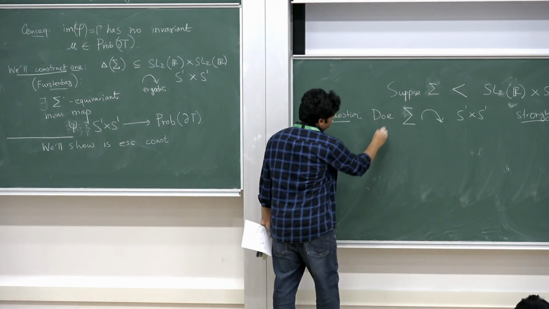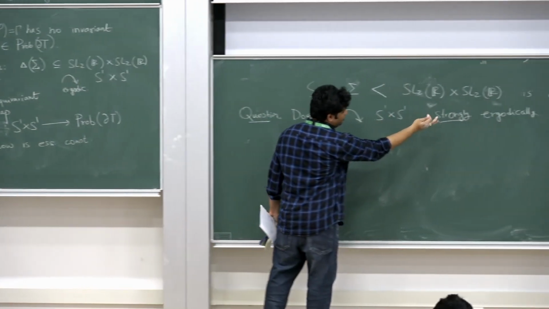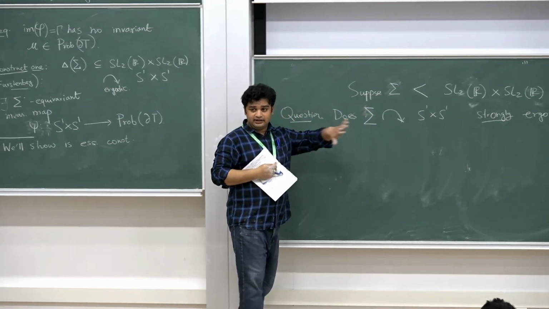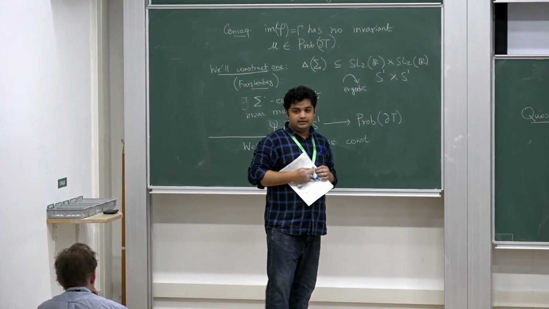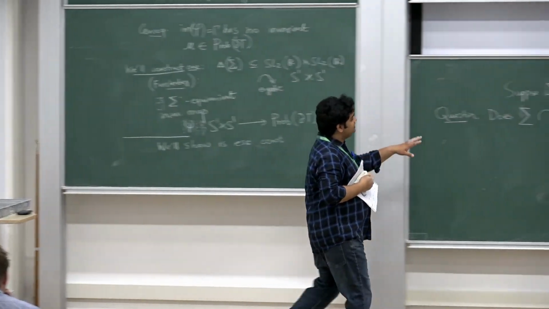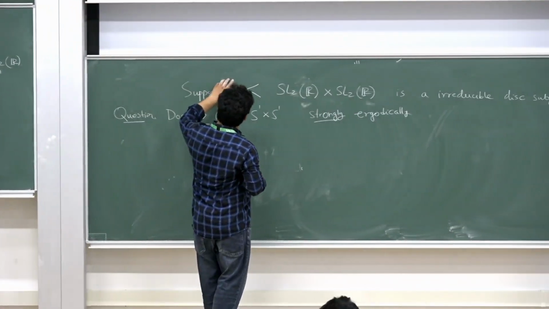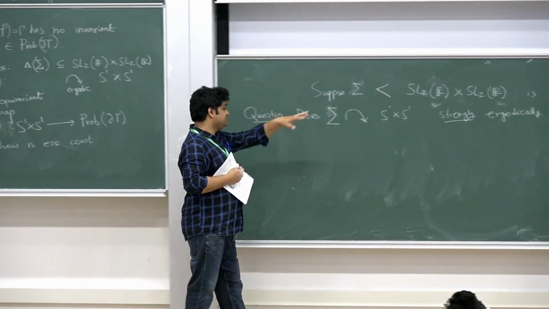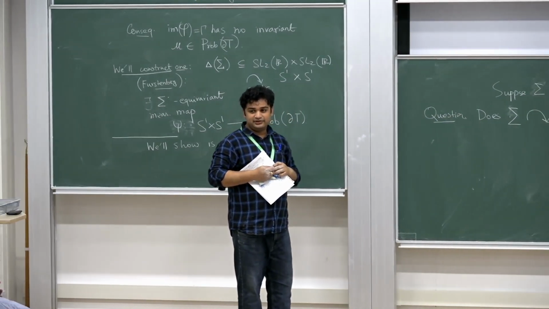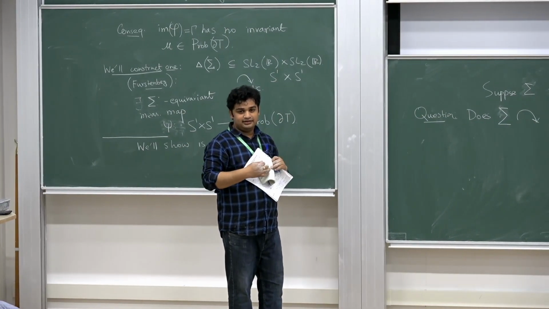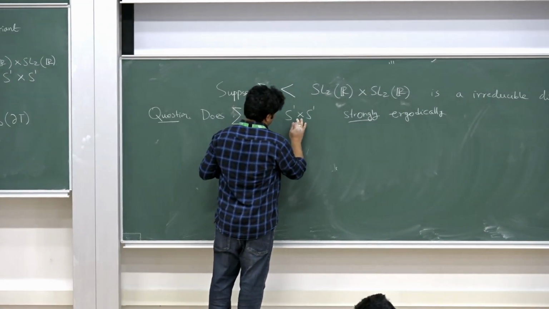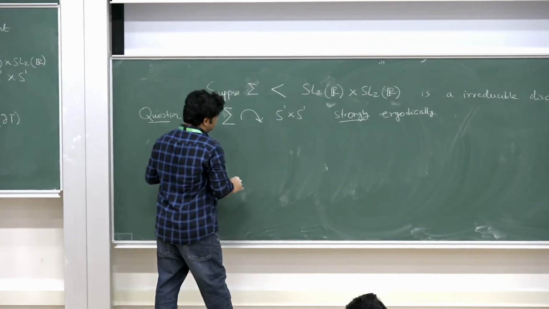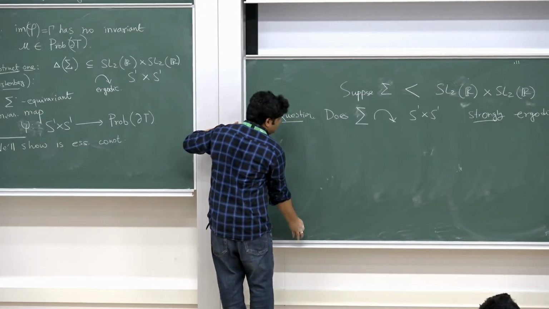Does this group act strongly ergodically on the boundary? Meaning any finite index subgroup will also be ergodic. I mean, this is clearly true when this is an irreducible lattice or any lattice, right? But the question is, if you take any irreducible discrete group, will it always act strongly ergodically on the boundary?